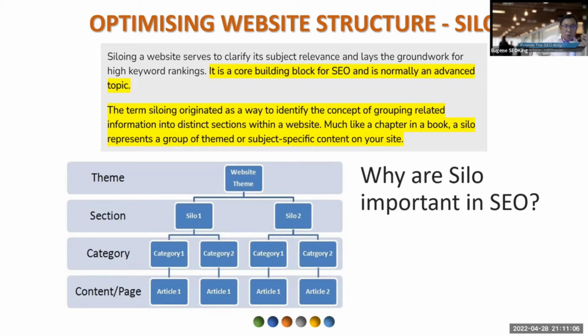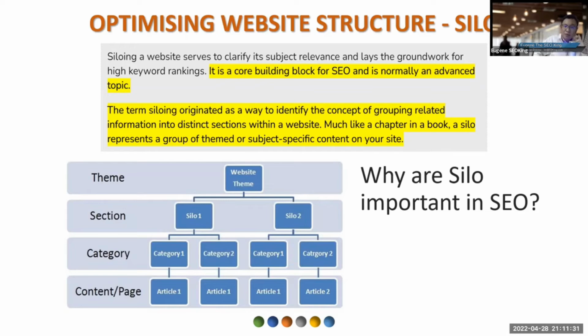Imagine Google walking into a department store and your website is that department store. Is Google seeing that all your ladies dresses, ladies shoes, ladies scarves, ladies watches are all organized into a ladies department? Or does Google see that your ladies stuff is mixed with men's stuff?